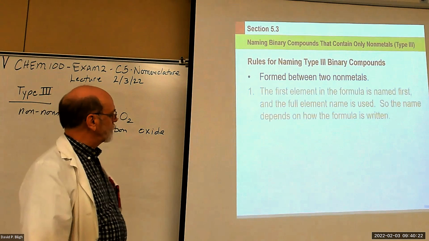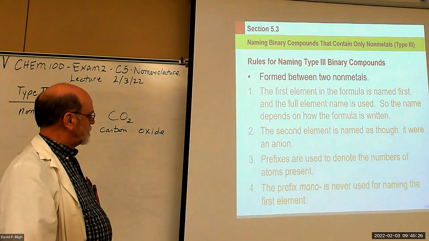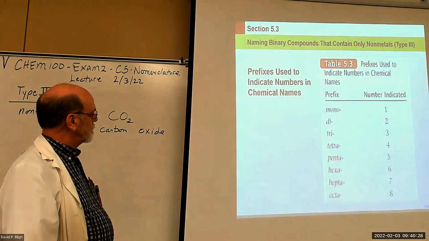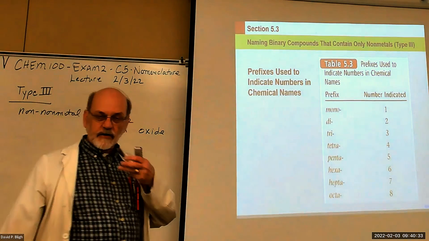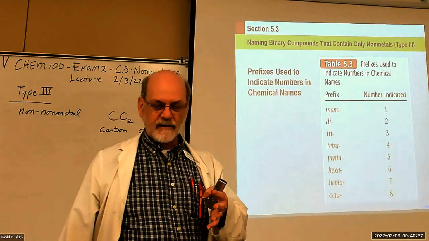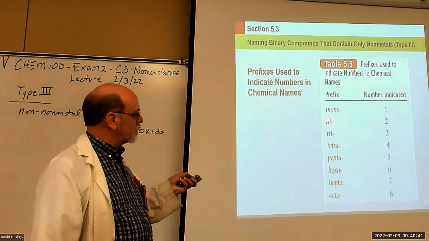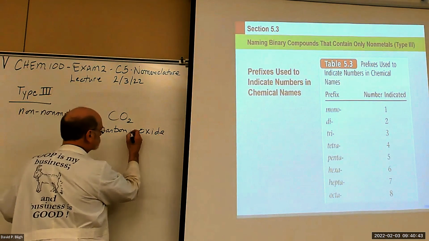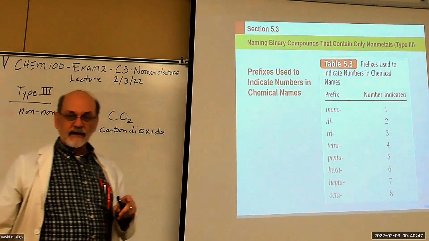Let's see, are they given to us? Here we go. These are the Greek prefixes for numbers. So mono would be 1, di would be 2. Carbon dioxide.